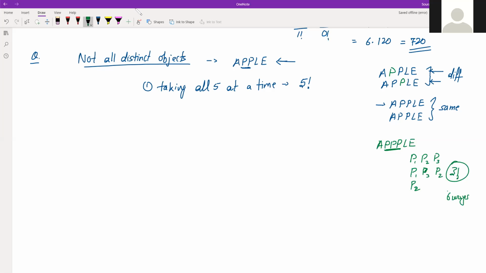Or if there are n, then those n can arrange themselves in n factorial ways. So we have to divide 5 factorial by that. It is double, so you have to halve it. It is 6 times, so you have to divide by 6. Instead of one A-triple-P-L-E, you get 6.